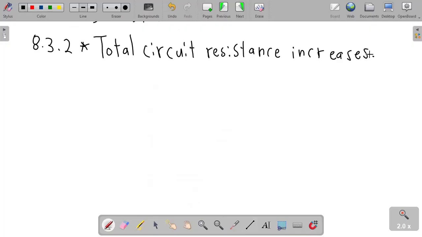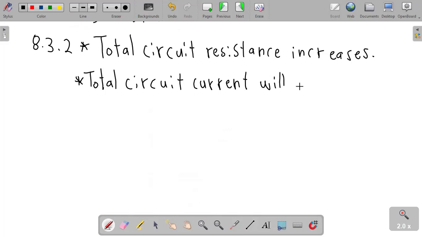And this means that what? Total circuit current will decrease. So it would decrease as a result of an increased resistance.